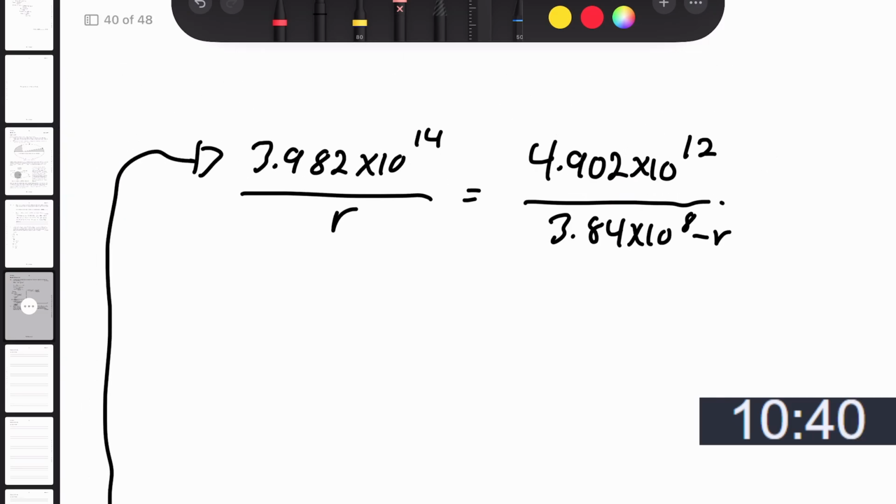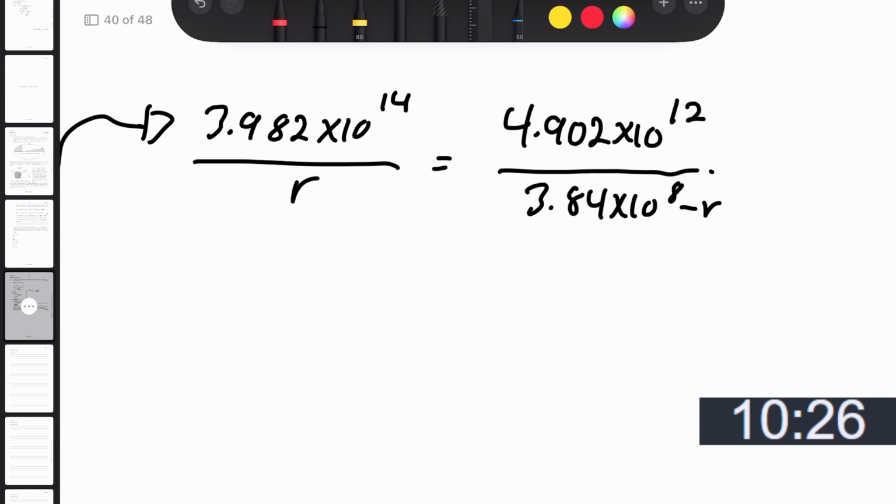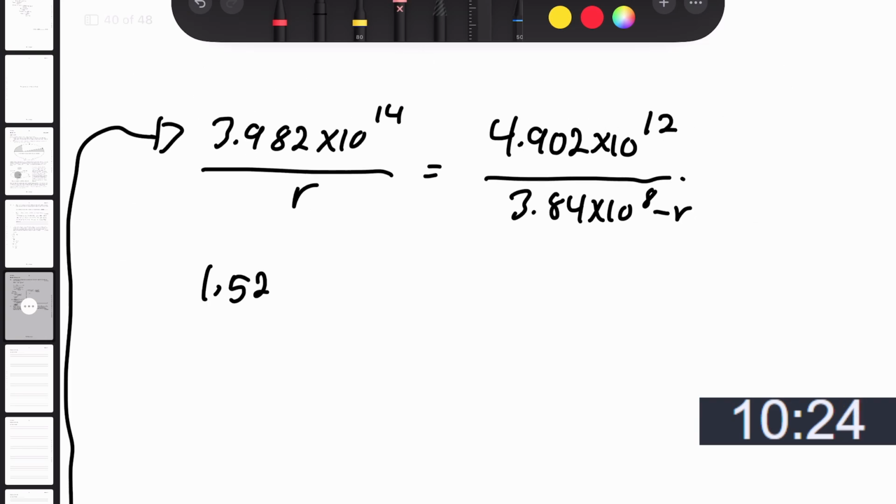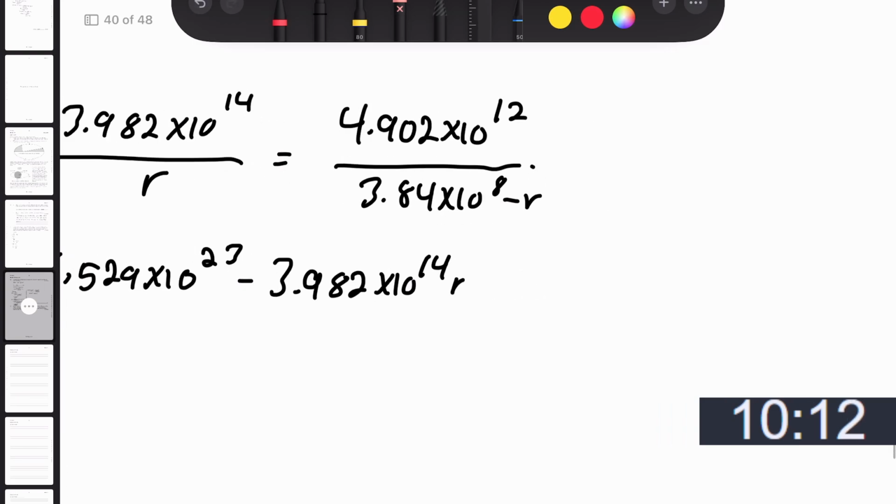Cross multiply: 3.982 times 10 to the 14 times 3.84 times 10 to the 8 is 1.529 times 10 to the 23, minus 3.982 times 10 to the 14 R, is equal to 4.902 times 10 to the 12 R.